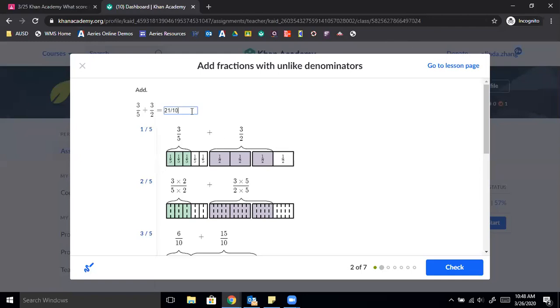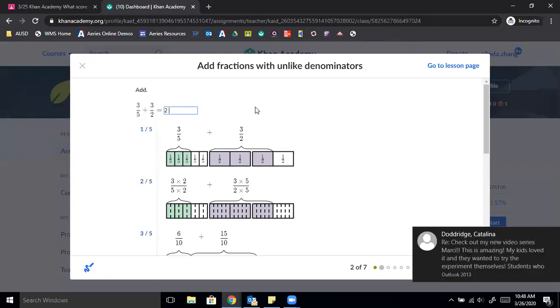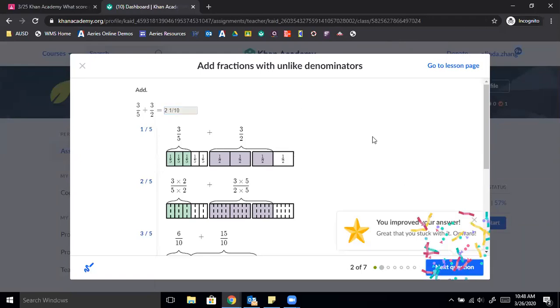Okay, this would be 2 and 1/10. So in order to make it 2 and 1/10, you type the 2, press a space, and 1/10. And that should also get you the correct answer.